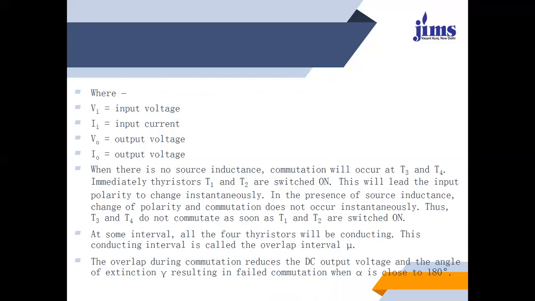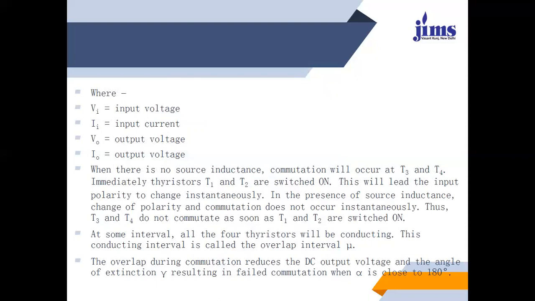When there is no source inductance, commutation will occur at T3 and T4 immediately when thyristors T1 and T2 are switched on. This leads the input polarity to shift simultaneously. In the presence of source inductance, the change of polarity and commutation does not occur instantaneously. Thus, T3 and T4 do not commute as soon as T1 and T2 are switched on. For some interval, all four thyristors will be conducting.